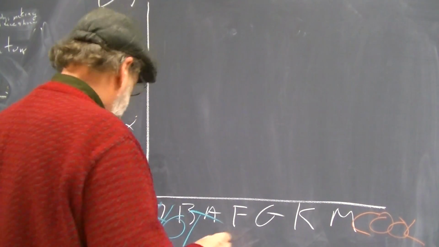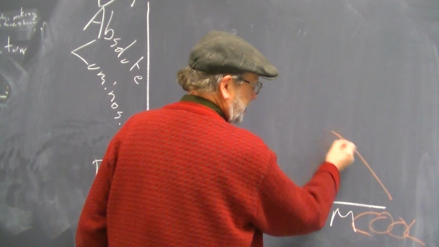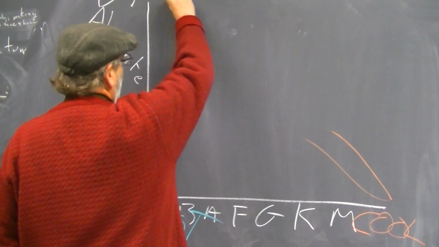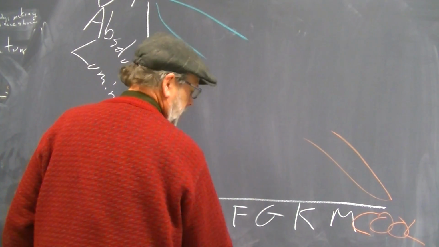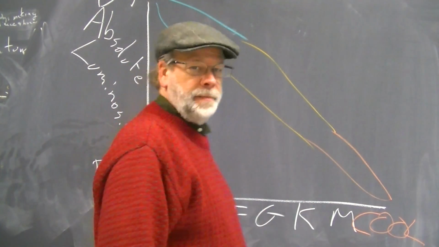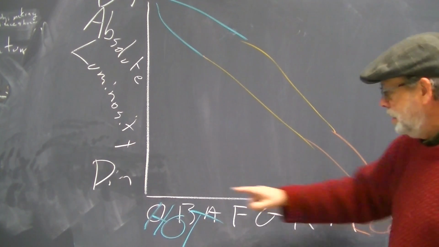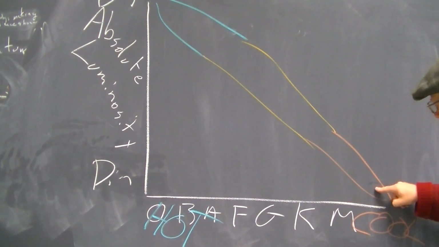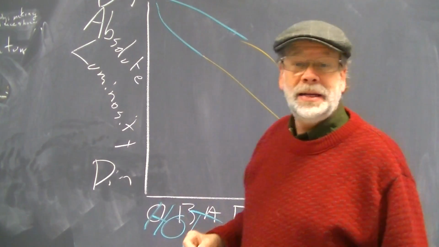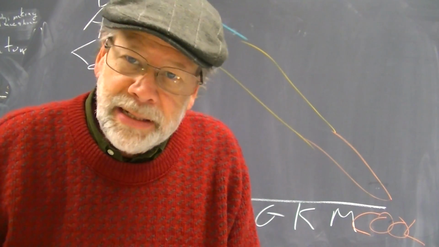So what I would say, and I think you would too, is that we have the cooler stars down here, and we have the hotter stars up here, and the stars in the middle are sort of like that, right? So the cool stars are dim, the hot stars are bright. And in fact, this is exactly what we find when we look at stars and analyze the data carefully.